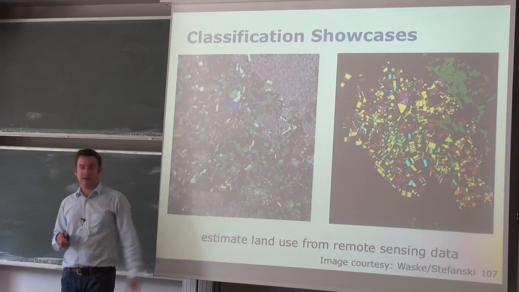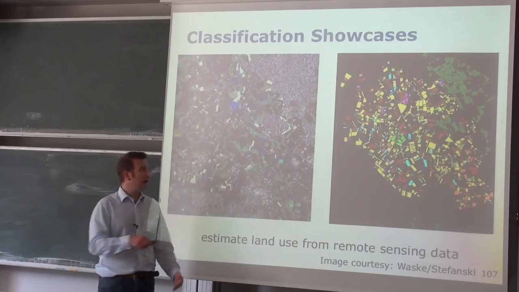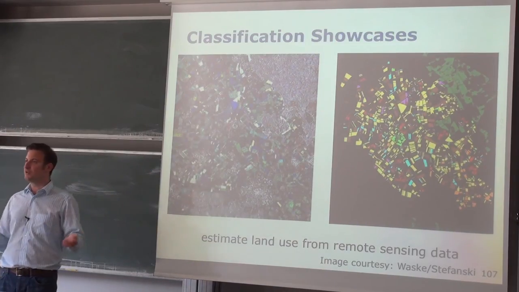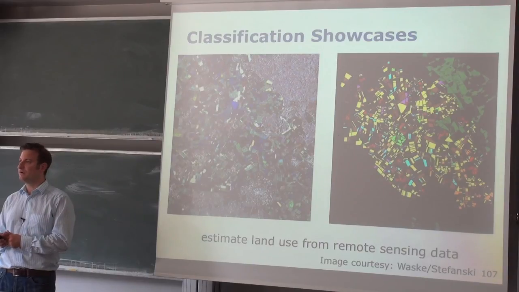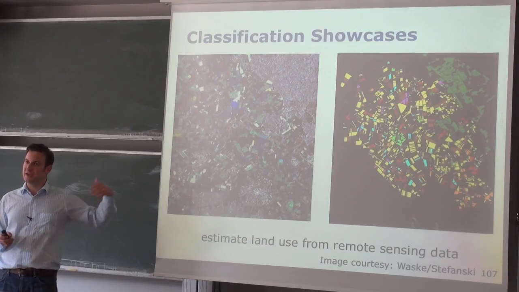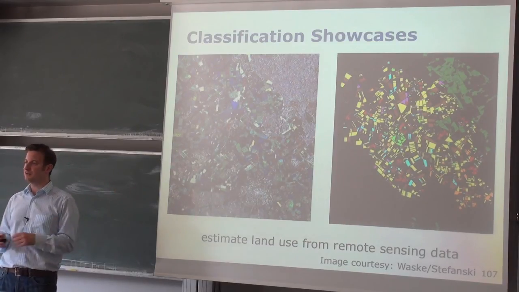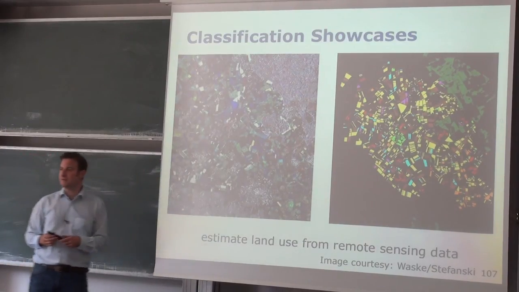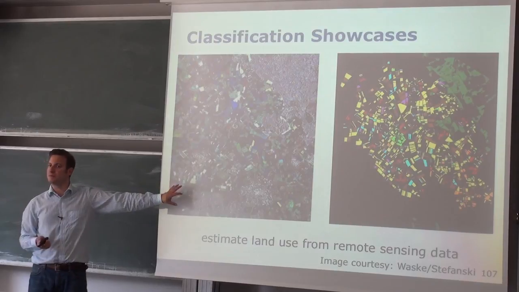So once I get the satellite data, I can estimate how the land is used on a really large scale without asking anyone. I get the semantic interpretation directly from those satellite images. And I can obtain that very efficiently on very large scales without a human sitting here labeling the individual fields. That's a very important application.